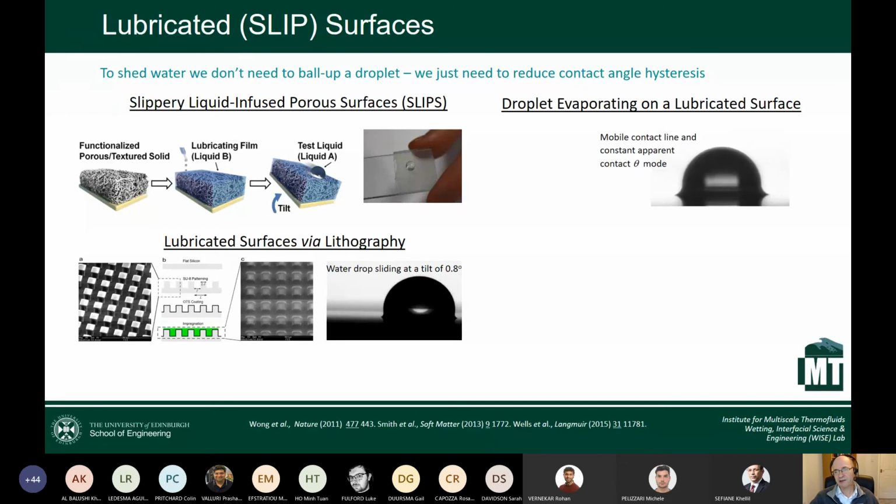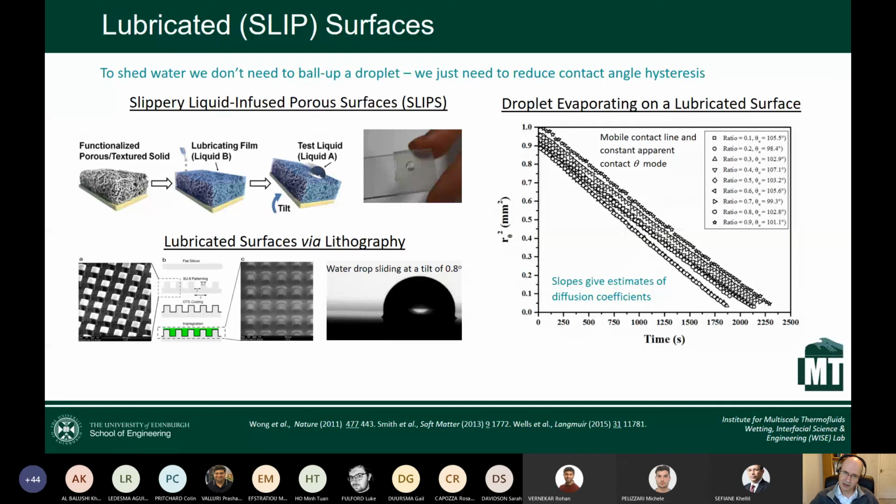And we've done experiments around evaporation. So you can see the skirt there is very apparent. This is a droplet of water evaporating. And it evaporates very smoothly until it vanishes, keeping an apparent contact angle which is constant until the last part of the evaporation. You can measure contact area with time for that kind of evaporation, and you find a completely linear behavior.